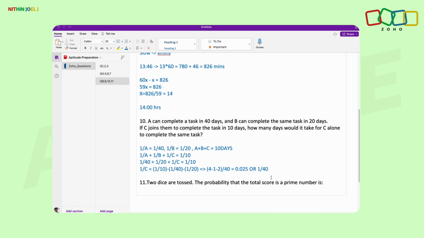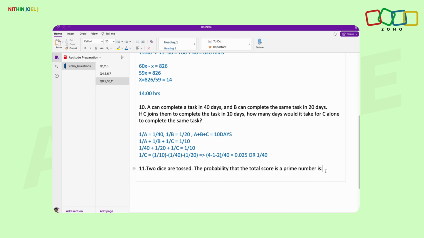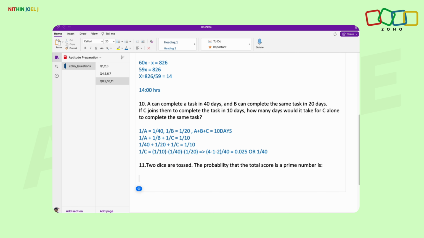So the fourth question, I mean the 11th question over here, is: 2 dice are tossed. The probability that the total score is a prime number is. So we have 2 dice and the 2 dice are tossed or rolled. We have to find the probability that a prime number has occurred while tossing the dice.